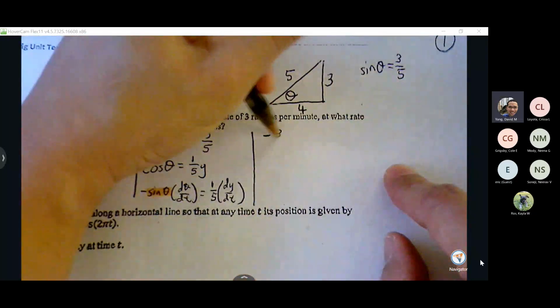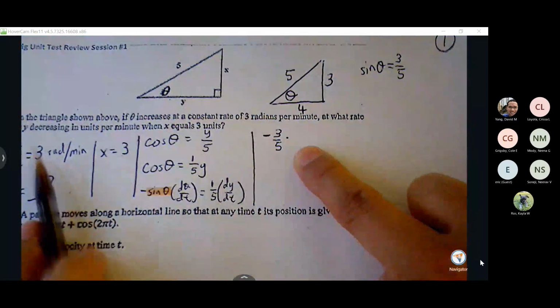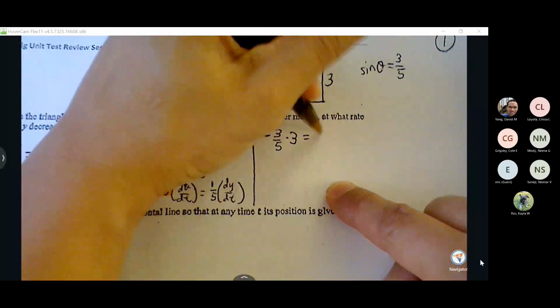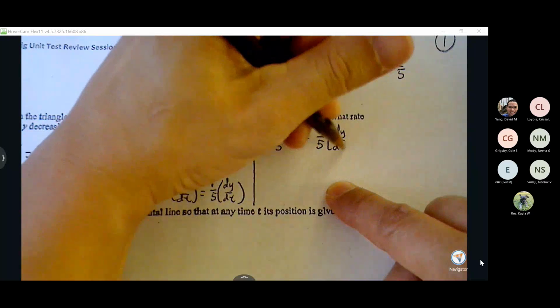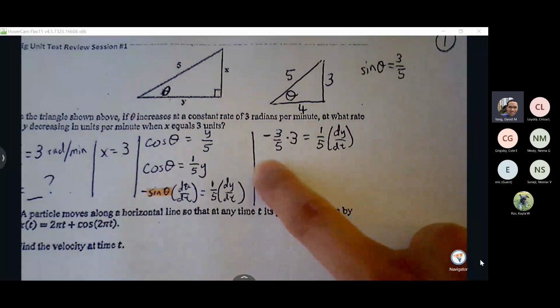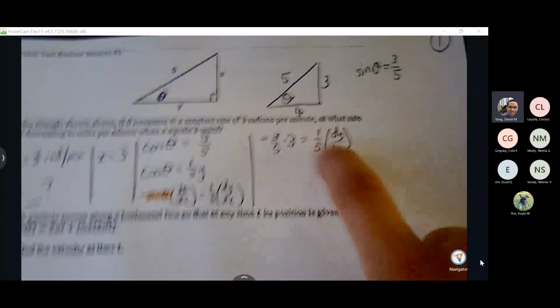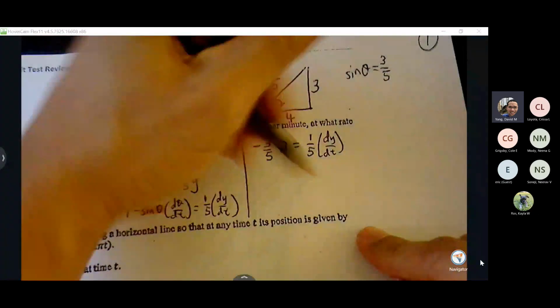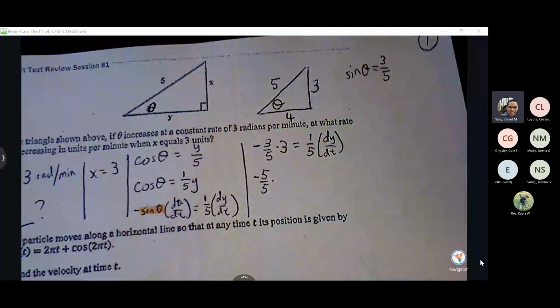So the negative carries over. d theta dt gets replaced with 3. And then we're looking for dy dt. So I want to solve for dy dt, so I want to move that 5 over to the left side. Dividing by 1/5 is the same thing as multiplying by its reciprocal, so the reciprocal would be 5 over 1. Sorry, 3/5.